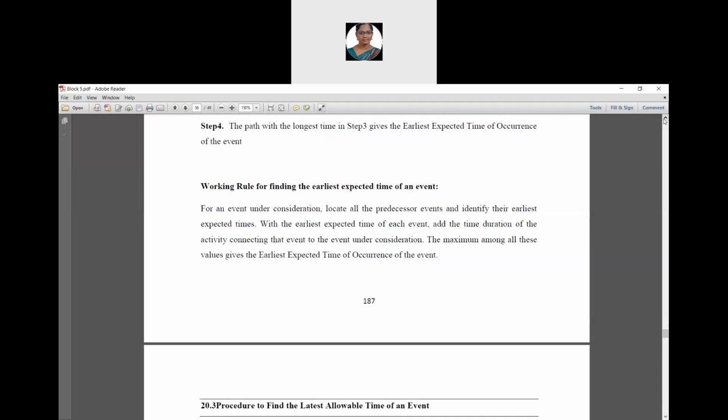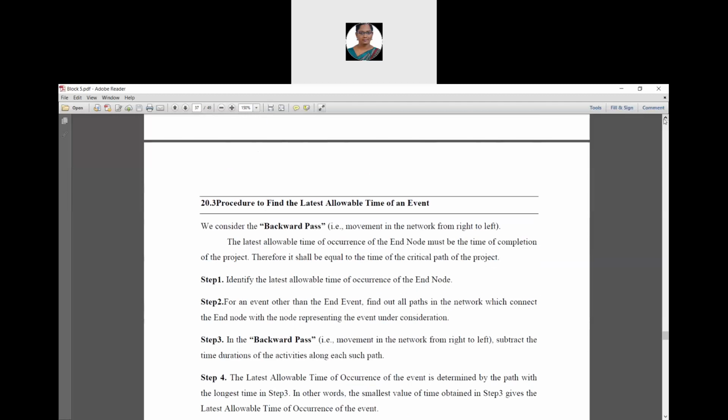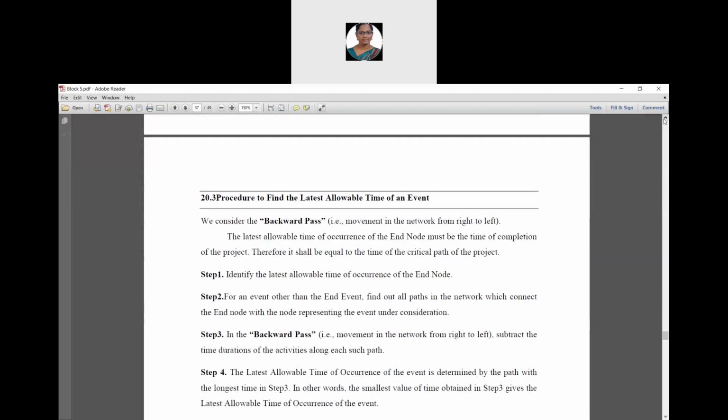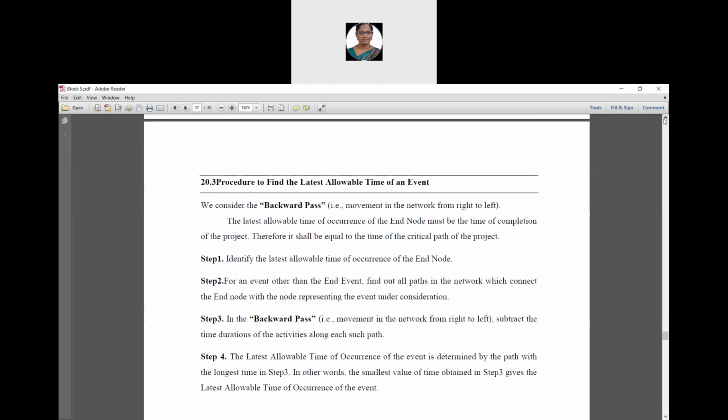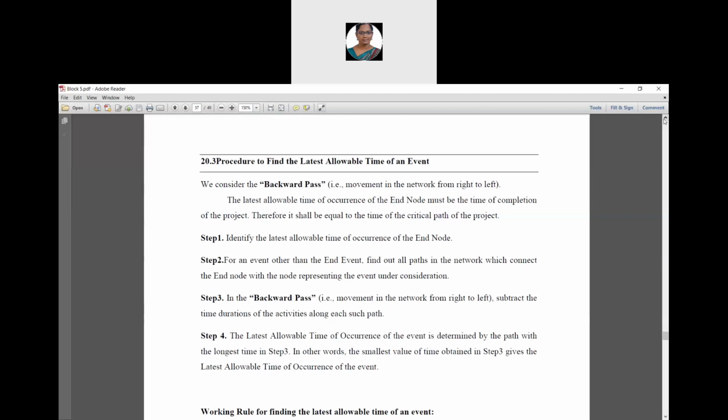Okay. So, the procedure to find the latest allowable time of an event. Latest means backward pass, as we all know, that is movement in the network diagram from right to left.